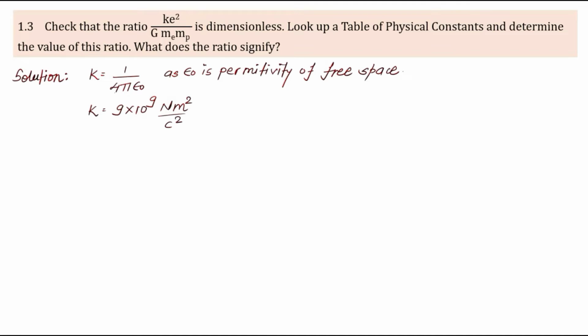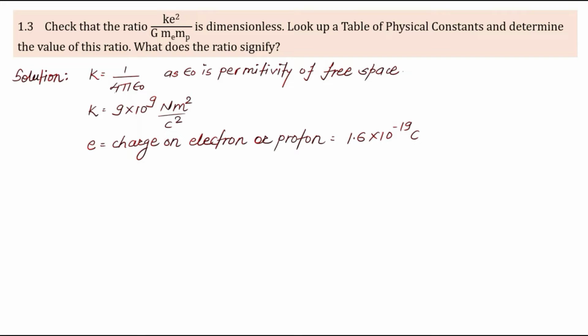Then we have the charge on electron or proton, which is 1.6 into 10 raised to minus 19 coulomb.